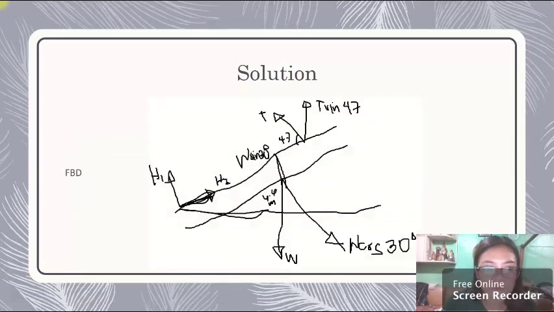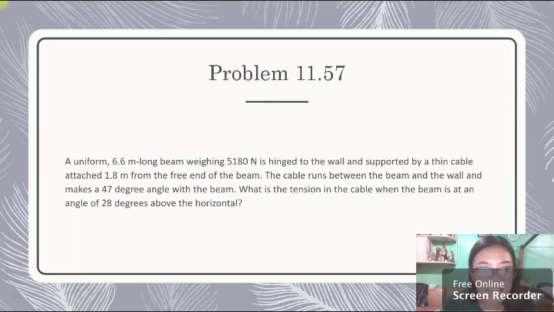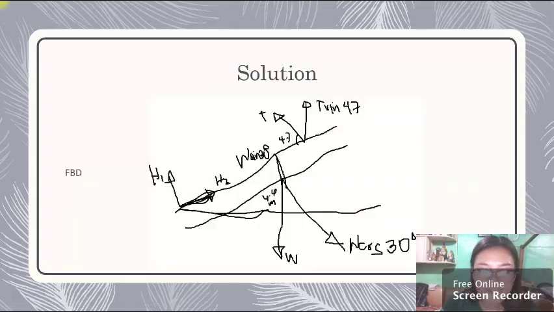And this one has a length of 1.8 meter. So yeah, this one's the tension and everything.